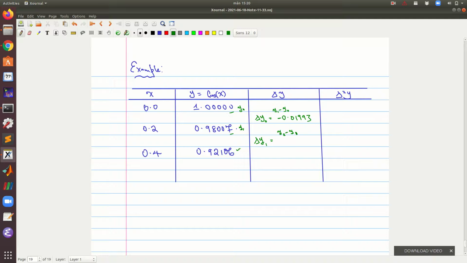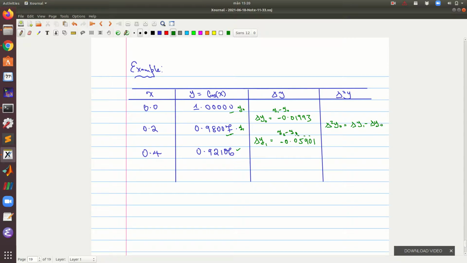So the value here minus the value here, and what do we have? We have negative 0.05901. And then we know that this second forward difference here is simply the forward difference at y1 minus the forward difference at y0.